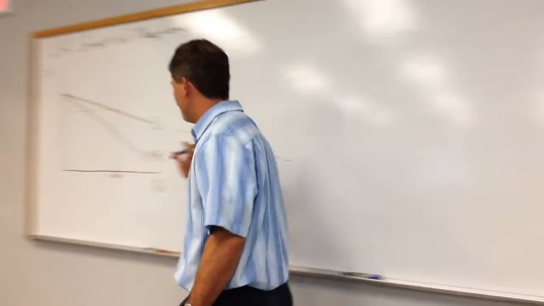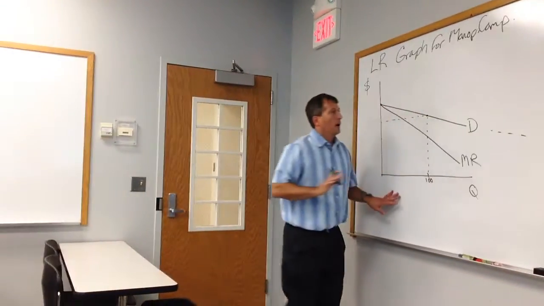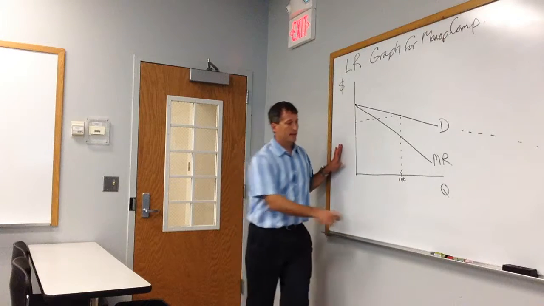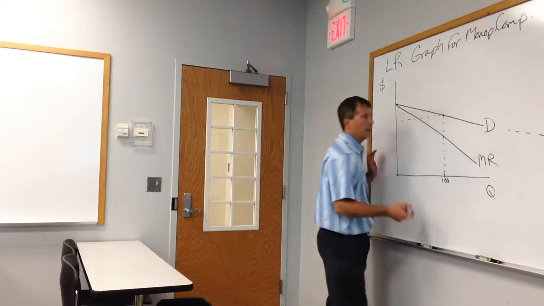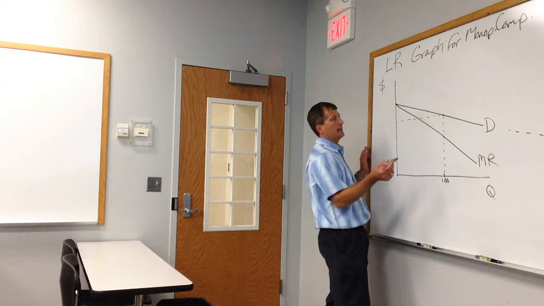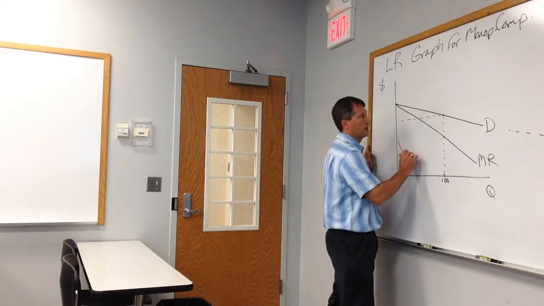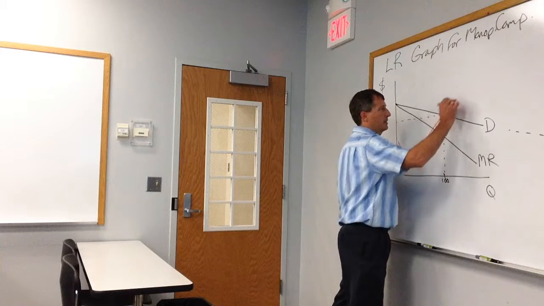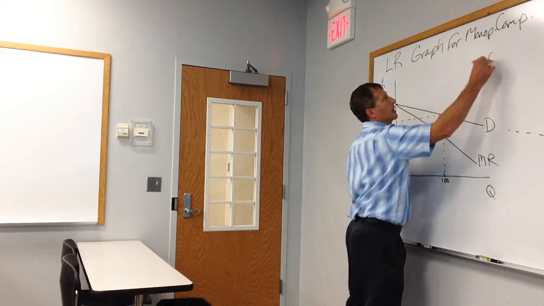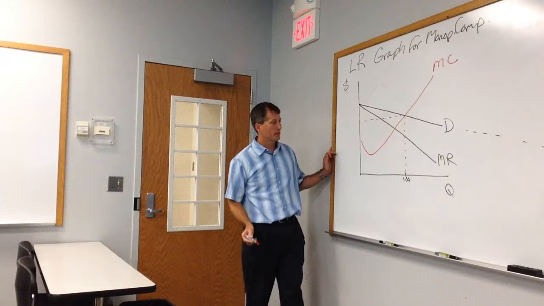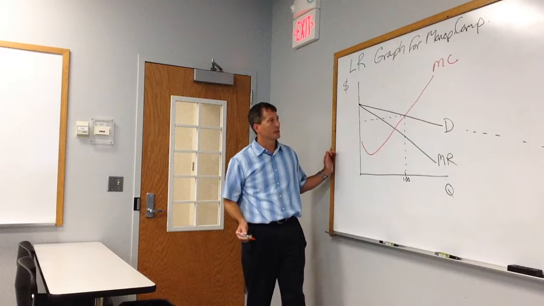All right. With this, no firm, I would argue, can escape the law of diminishing marginal product. And so I'm going to draw the marginal cost curve cutting through that point I made, not for any particular reason.